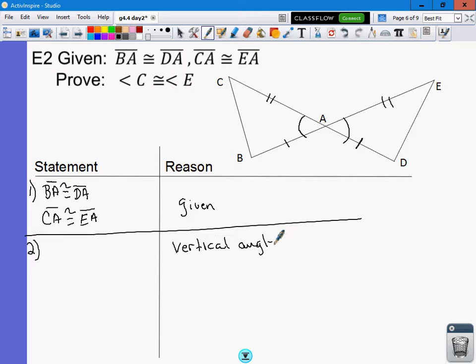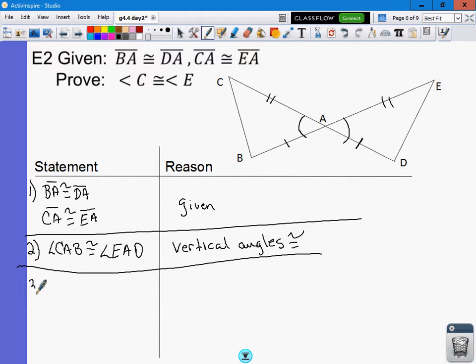I can't call it angle A because there's more than one angle there. I'm going to go angle CAB. All that's important is A is in the middle. It could have been BAC. Is congruent to EAD. Again, all that's important is that A is the vertex, so it's in the middle. This could have been DAE.